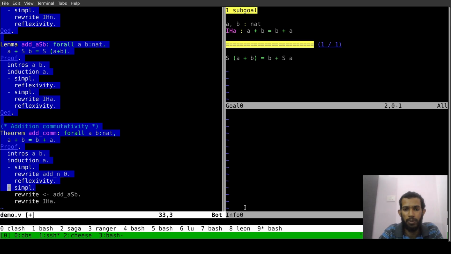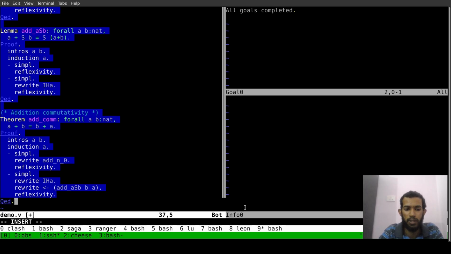S of A plus B equal to B plus SA. I will rewrite using this here at this point. And I got B plus A and B plus SA. If I instantiate it accordingly, I can have BA to become... yeah, right, I got it now. And now we got reflexivity, and that part is done.